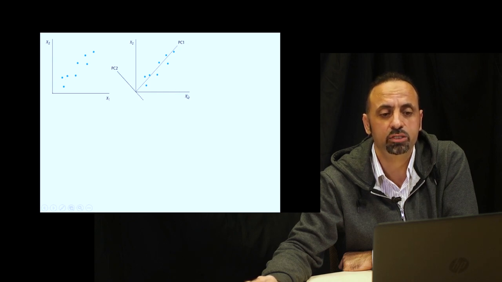We are trying to rotate this x and y component or coordinate and see which component is more representative for the data points that we have. The more representative line is the line that gives us the least error between this line and the data points.